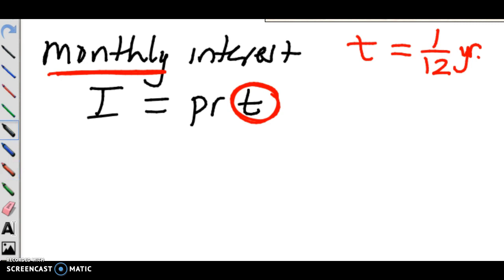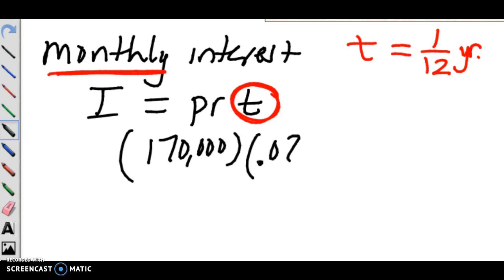Okay, so let's go ahead and substitute. The principal is the amount that they are actually borrowing or financing, which in this case was $170,000, times the interest rate, which was 0.085, times the time, which is 1/12.